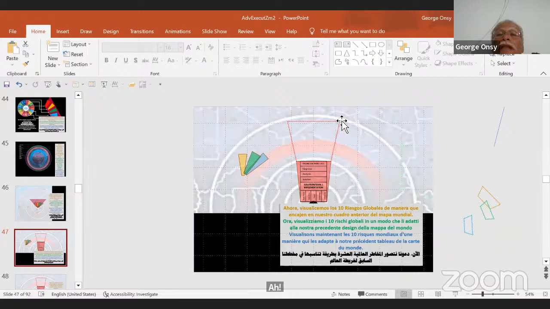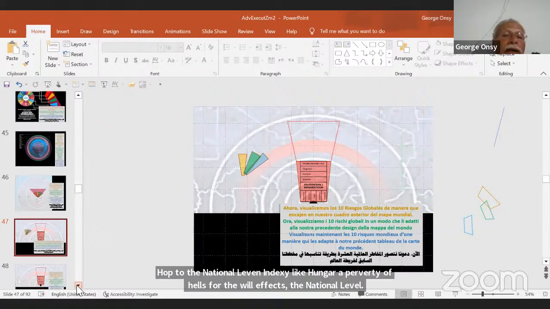As you see, the dotted lines here show the effect as you move from the community level up to the national level indirectly, like hunger or poverty or health. It will affect the national level or national sphere, okay?